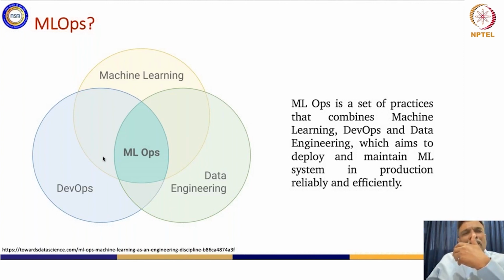So you need to ensure that your machine learning application satisfies all that, because we are talking of a production environment, reliability, and efficiency. So we have now come down to a level where we can appreciate how it has evolved from DevOps to MLOps.